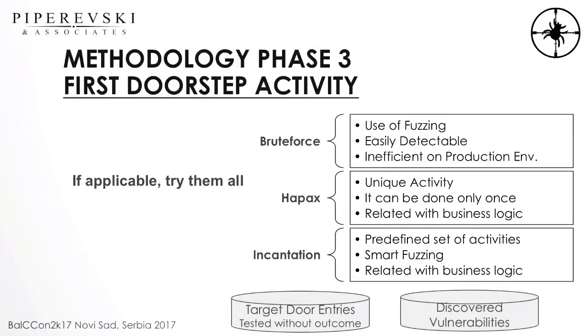Then smart fuzzing is also here. Smart fuzzing can be done with a lot of tools. You can use automated tools. For example, in a web application, you can use smart fuzzing with scripts in ZAP, the Zed Attack Proxy. Zed Attack Proxy is a really good proxy tool from the Open Web Application Security Project that is widely used by hackers and vulnerability researchers.